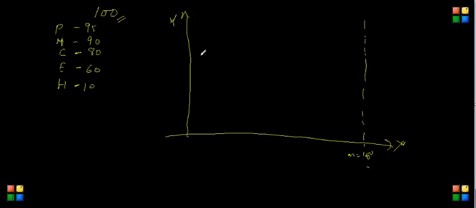Now in order to minimize, I must look at minimizing the overlapping part among different variables. Let's say I'm trying to consume 95 length of p. So I have x is equal to 95.